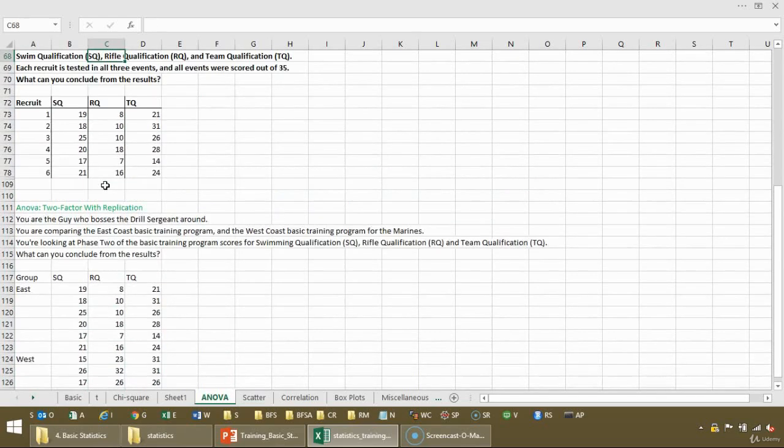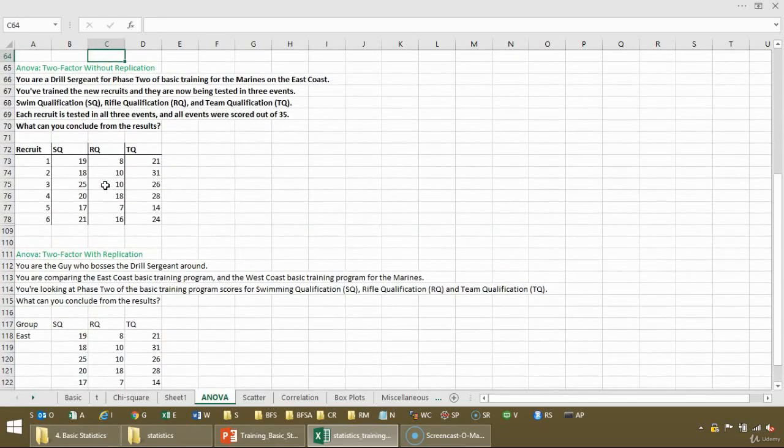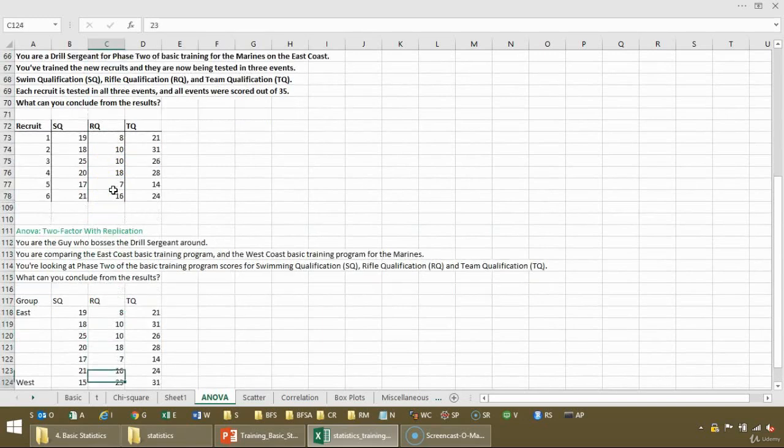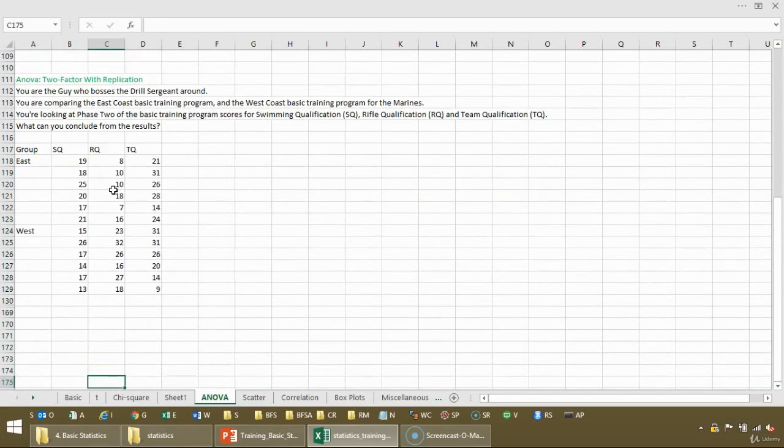This was with two factor without replication, and this one is with replication. I have also done this, and the answer is already here. Just try to do it on your own, and if you cannot do it, I will help you.